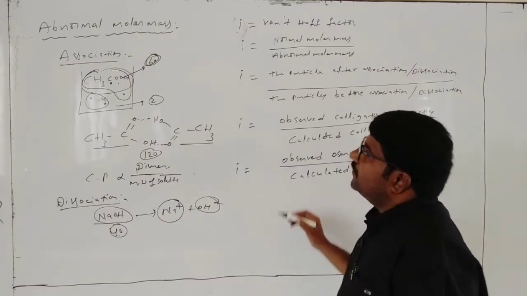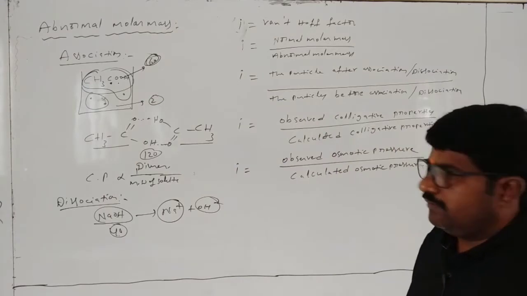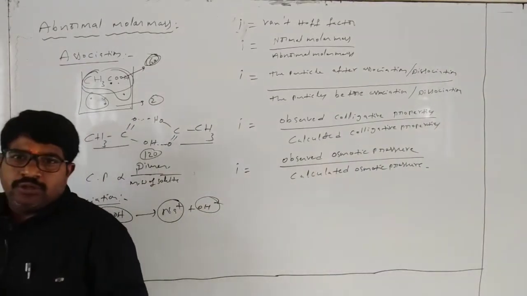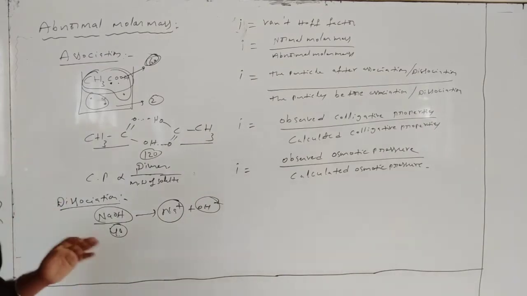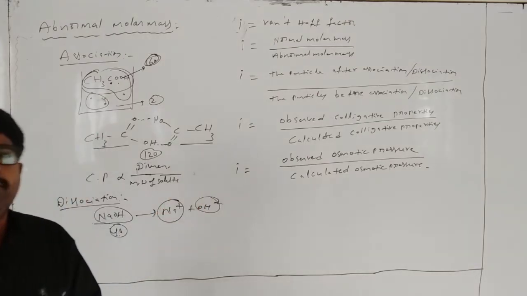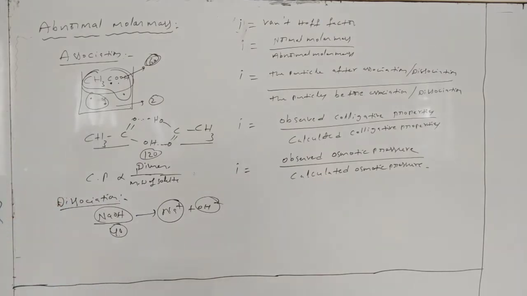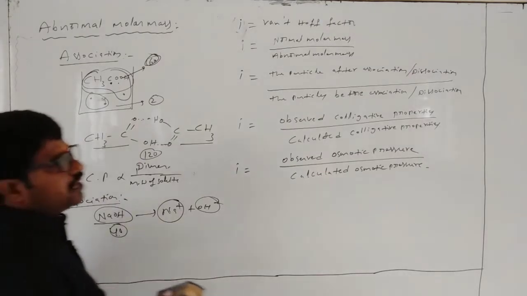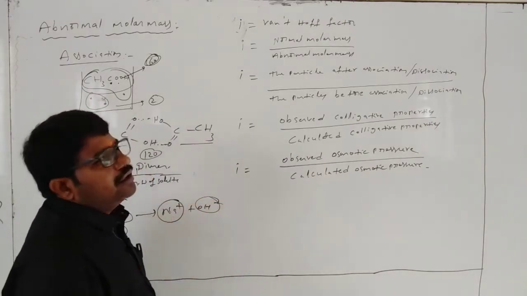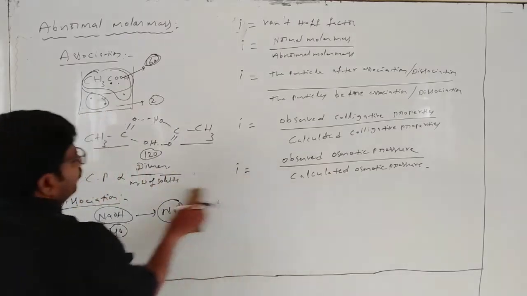These are the definitions for i. Now, how do we calculate the degree of association or dissociation with respect to i? That is, the calculation of degree of association or dissociation using the Van 't Hoff factor. So how is it done?